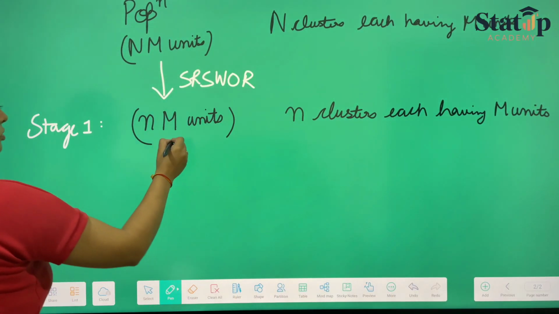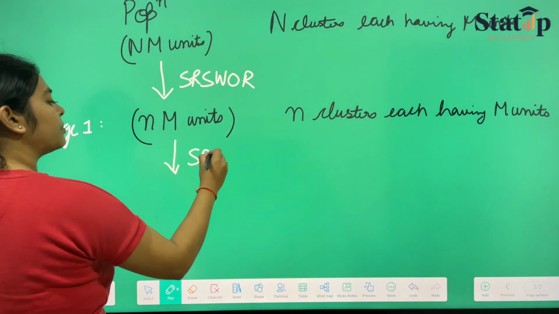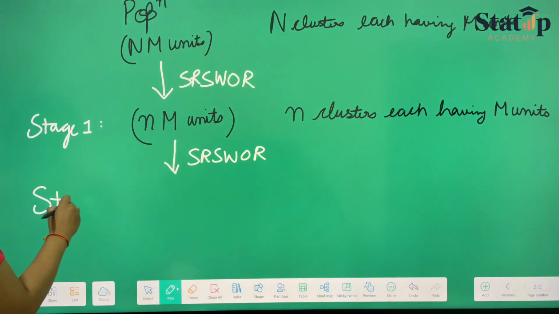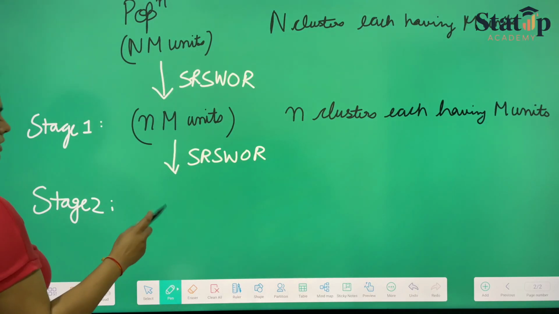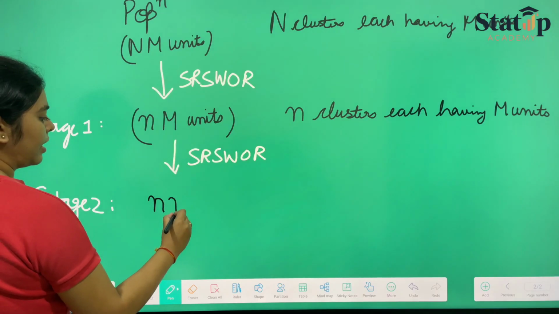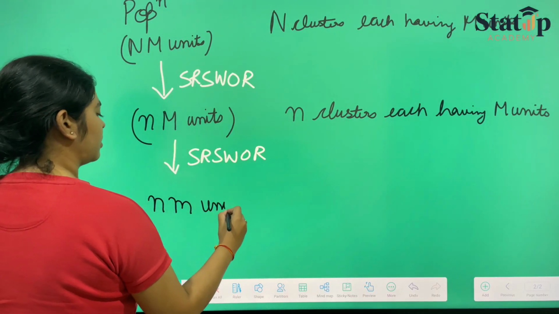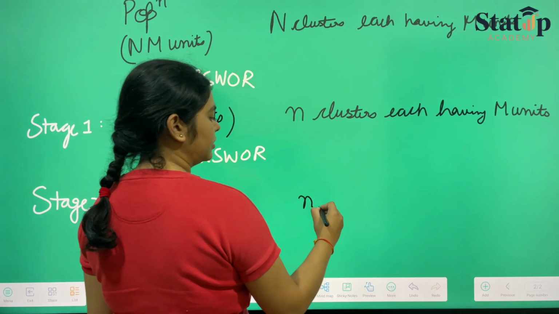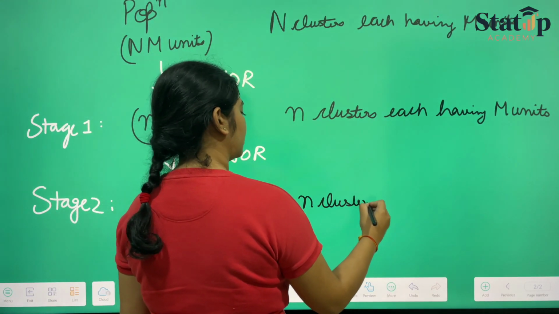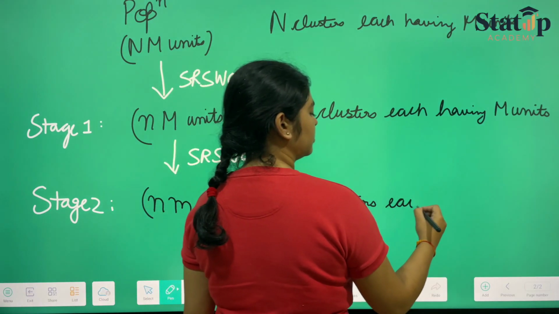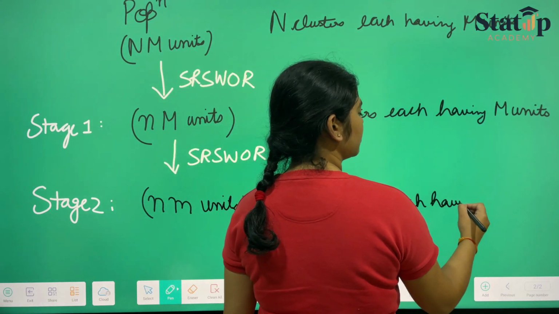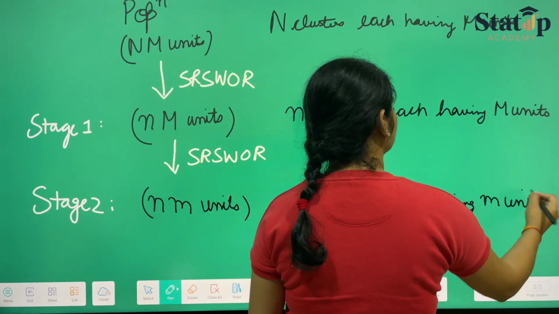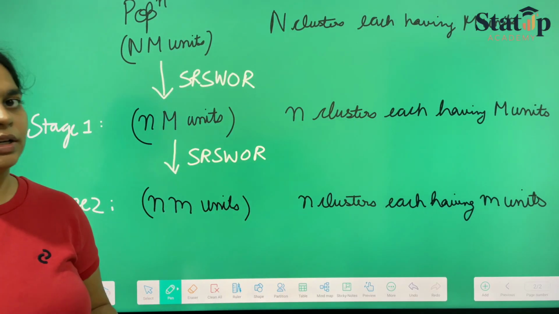And from these clusters, we'll apply again simple random sampling without replacement, and we come to stage 2, which says that we have NM units, where there are N clusters, each having M units, that is taken for the study. This we did in the previous lecture.